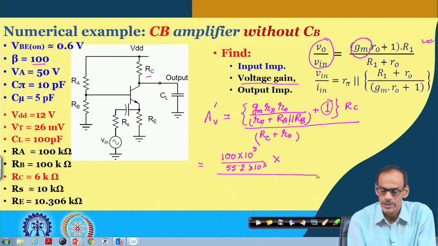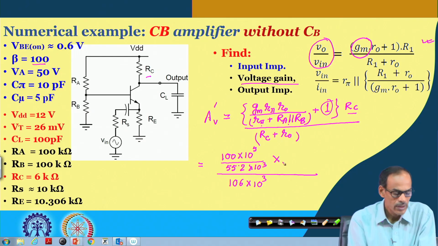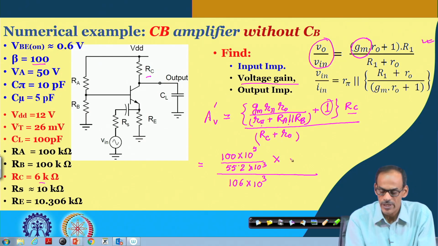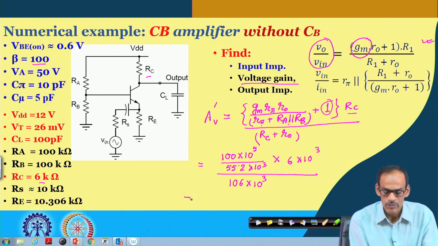Then in the denominator we do have 106 kilo ohm coming from R naught and R c. So, 106 10 to the power 3, and then we do have the R c here, and R c is 6 k, 6 into 10 to the power 3. So, that gives you a voltage gain.